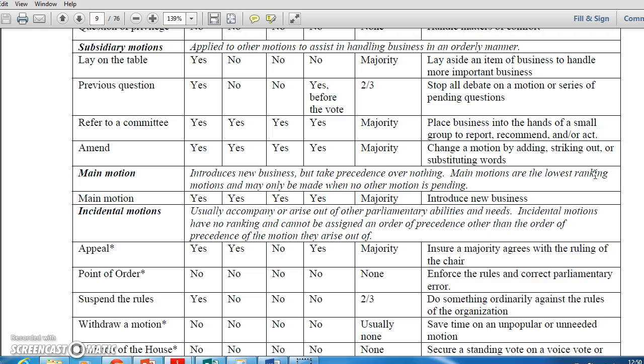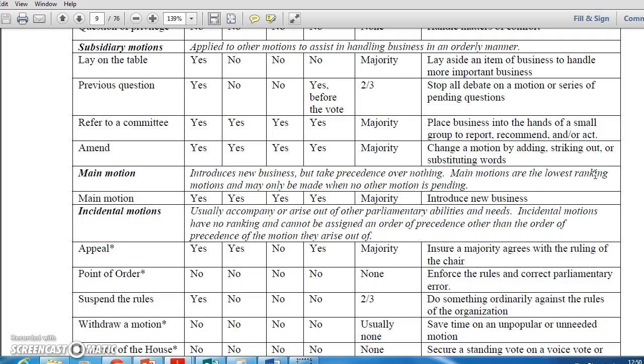A lot of times these subsidiary motions will either change the motion or will change the way in which the motion is handled. For example, lay on the table will allow you to bring that motion up at a later meeting. So maybe you need more information, and this will give you time to go get that information.